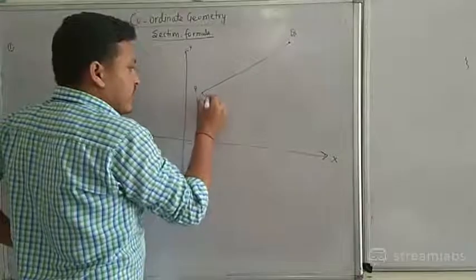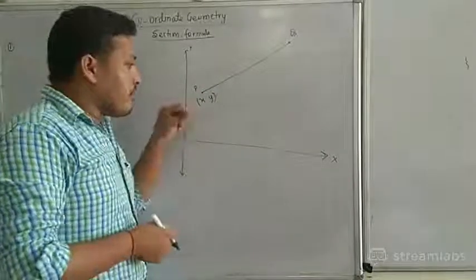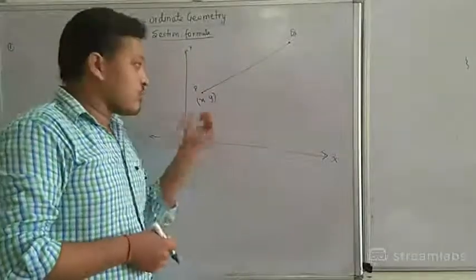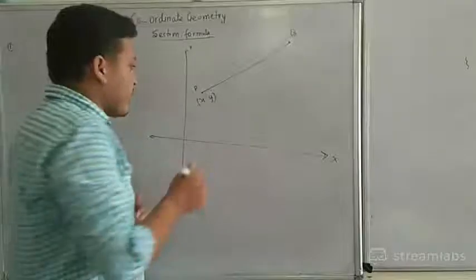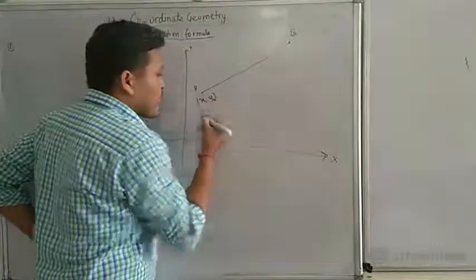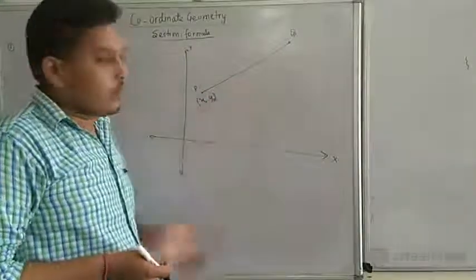Coordinates are always denoted in the form of x comma y, but here so many points are coming, so we cannot write a single x y. We can denote it as x1 and y1, and maybe its value is 2, 3, 4, 5, any one value.